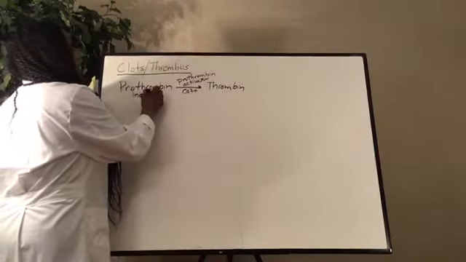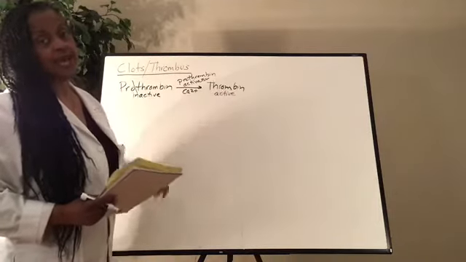Prothrombin is always in our blood system, but usually it's inactive until you need a clot. And of course, clots are good when you get cut or some kind of wound. It helps so that you don't bleed to death. So prothrombin is inactive. It uses prothrombin activator and calcium to become thrombin, which is active.